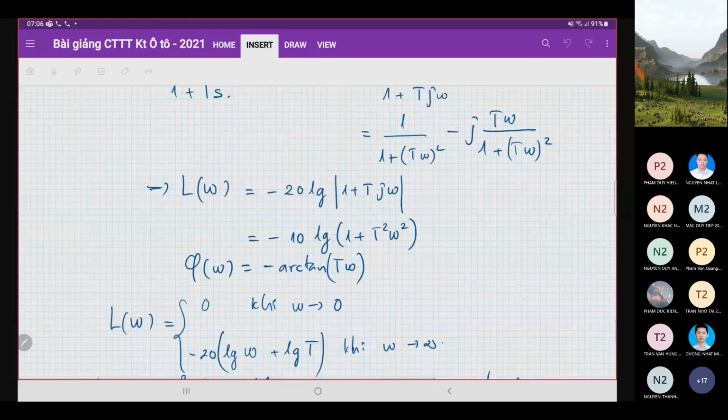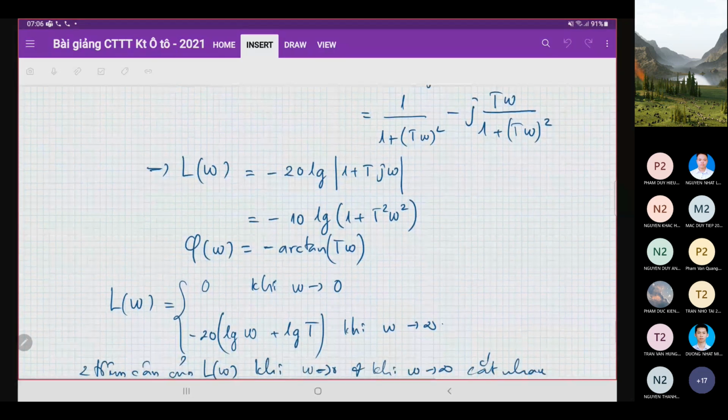And we see that the magnitude diagram will be L(ω) equal to minus 10 logarithm of (1 plus T²ω²), right?